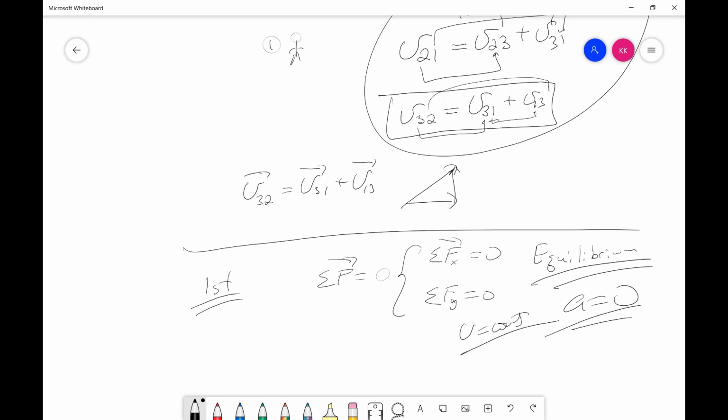So object in equilibrium is either at rest or moving at constant velocity. And Newton's first law tells you that if the object is at rest, it's going to remain at rest. And if the object is moving, it's going to remain moving at constant velocity because we are assuming that all the forces on it cancel each other.